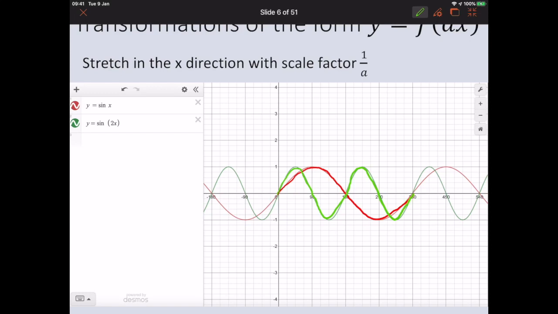That's a good way of figuring out how to draw it. The graph of y equals sine 2x has 2 full waveforms in the same space where it would be one waveform of the graph of y equals sine x. And equally, if we did the graph of y equals sine 3x, we'd need 3 full waveforms. The graph of y equals sine a half x, you only get half a waveform.